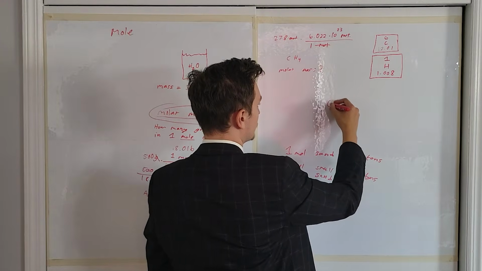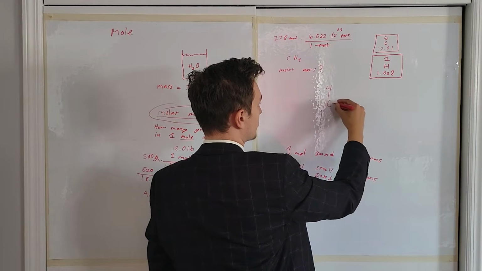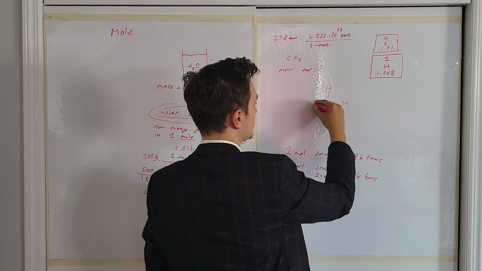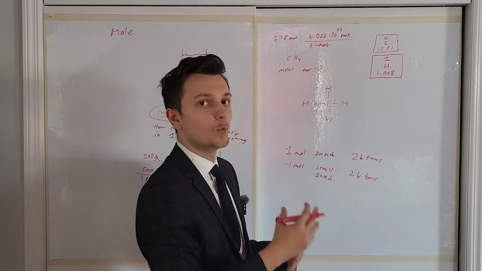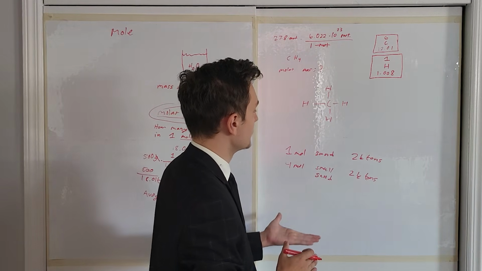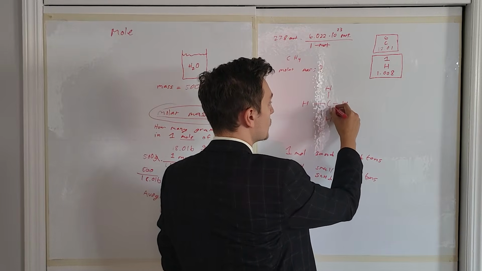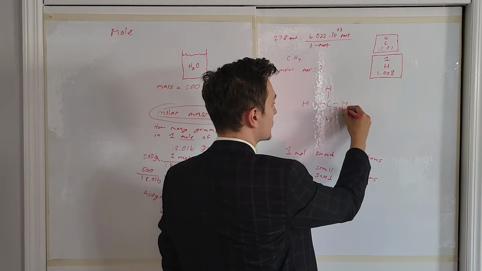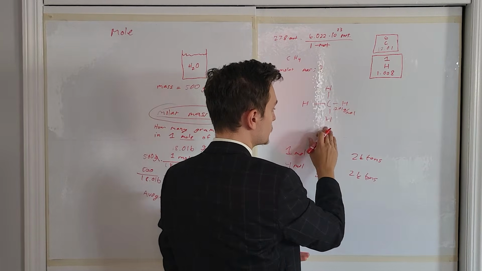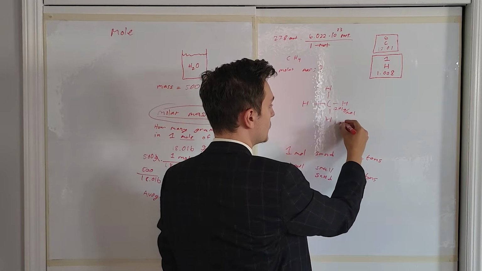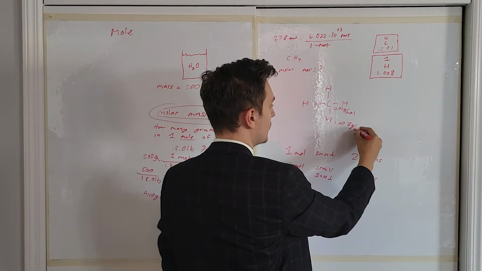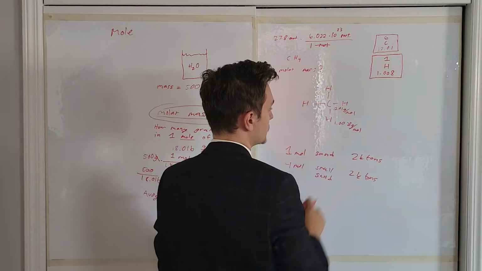If I have methane, which is a carbon bonded to 4 hydrogens like this, let's add up all the weights of our atoms. The carbon atom weighs 12.01 grams per mole. The hydrogen atom weighs 1.008 grams per mole. Okay, and I have 4 of these hydrogen atoms.